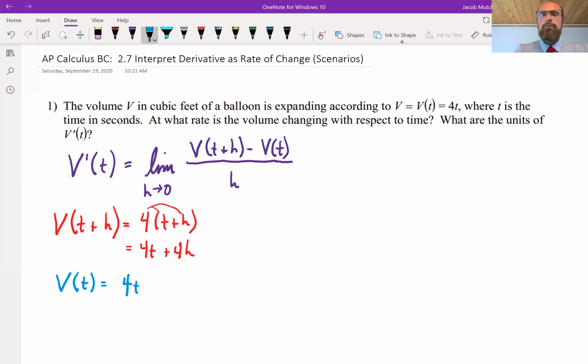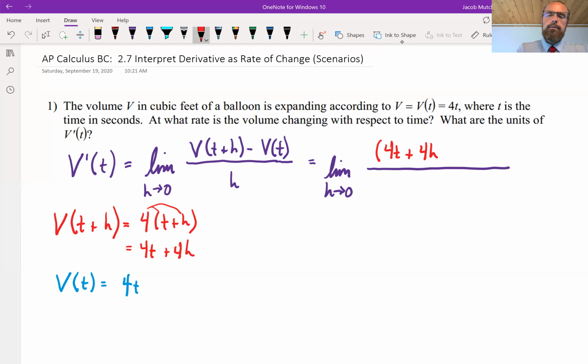With those two items defined, now we can substitute into our definition. The limit as h approaches 0, and in the numerator I'm going to place those two substitutions. We found that V of t plus h was, in parentheses, 4t plus 4h.